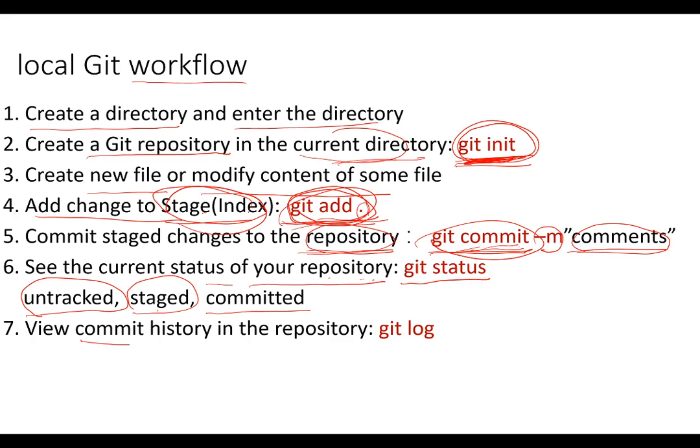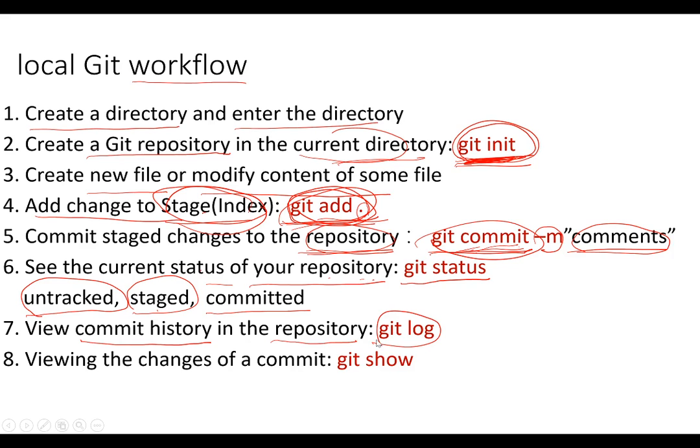You can view all the commit history in the repository using the git log command. You can view what change a commit made using git show.